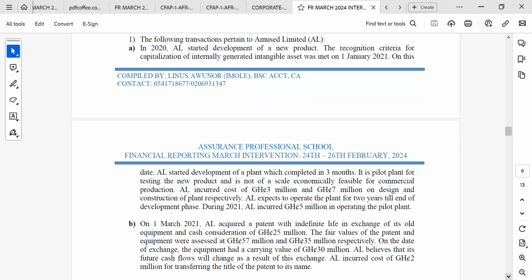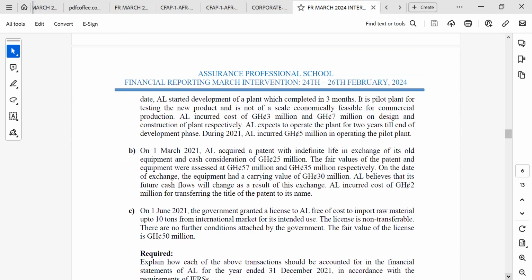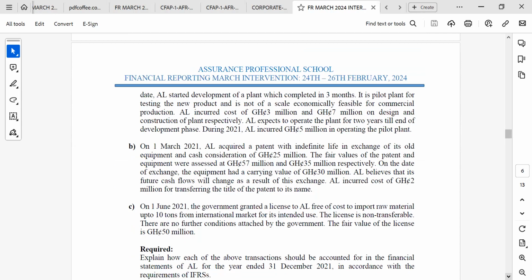Okay. Let's take the B. Let's take all of them at once and explain. B. On 1 March 2021, AL acquired a patent with indefinite life in exchange for its old equipment and cash consideration of 25 million cedis. The fair values of the patent and the equipment were assessed at 57 million cedis and 35 million cedis respectively.